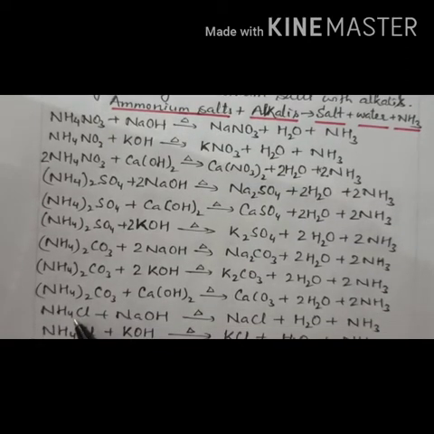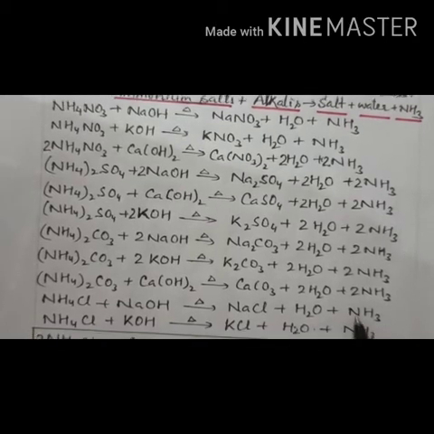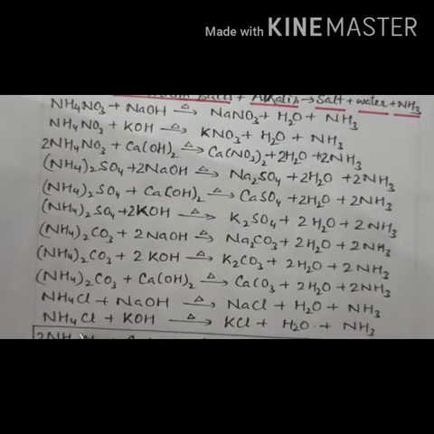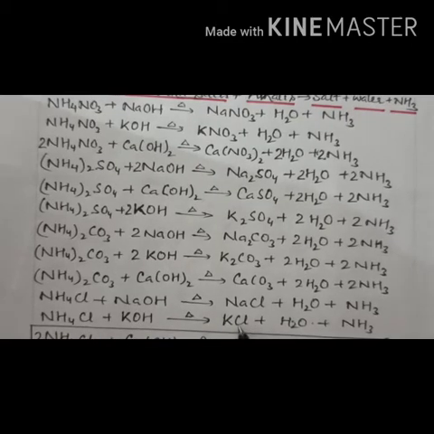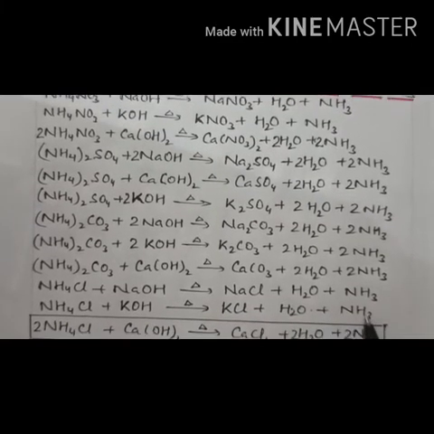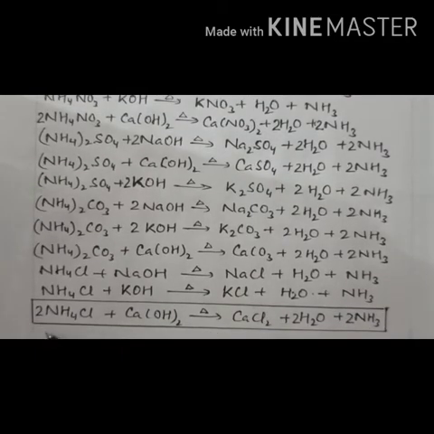Now next salt is ammonium chloride. With sodium hydroxide, it gives sodium chloride, water and ammonia. With KOH, it gives potassium chloride, water and ammonia. Now the last is ammonium chloride.